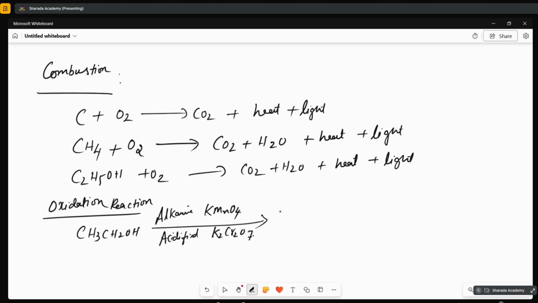What will you get? Acetic acid, CH3COOH. That is acetic acid or ethanoic acid.